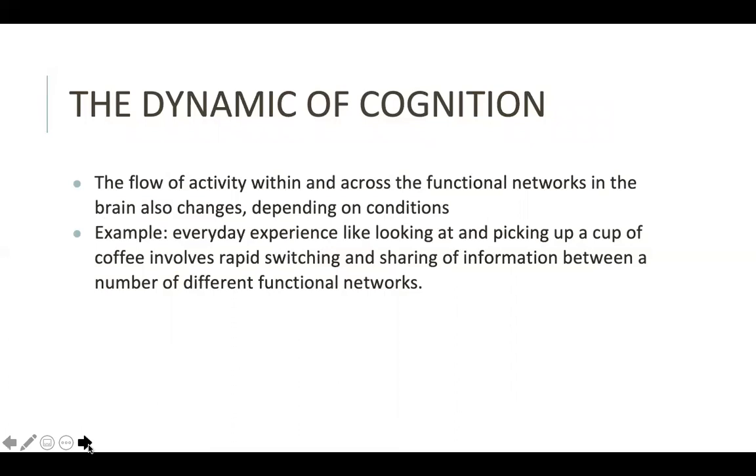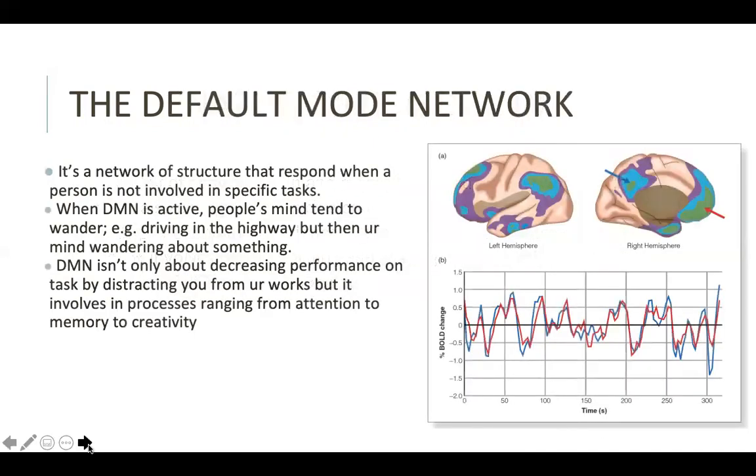So even a simple task like drinking from a cup activates a lot of neural networks in our brain. Our brain might also switch from task-related networks involved in driving to our default mode network, or DMN.